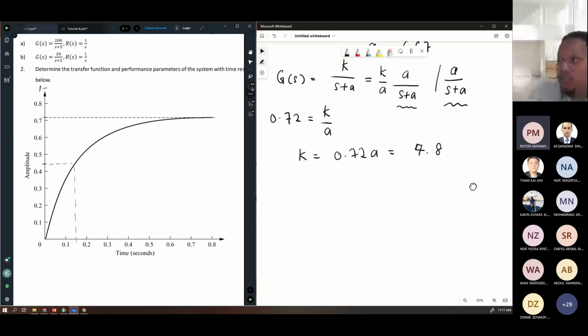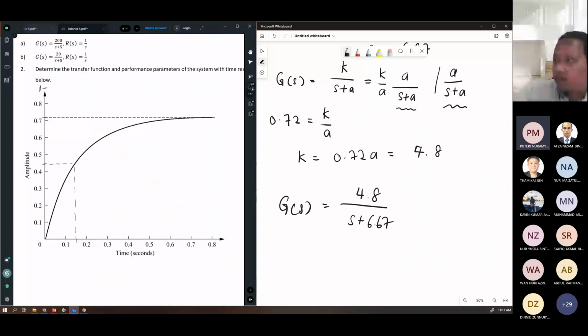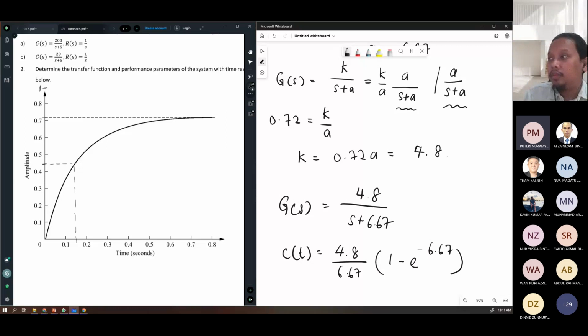So your transfer function will be 4.8 over S plus 6.67. So the time response C(t) will be 4.8 over 6.67 times 1 minus e to the power of minus 6.67t. Okay, so use this one.